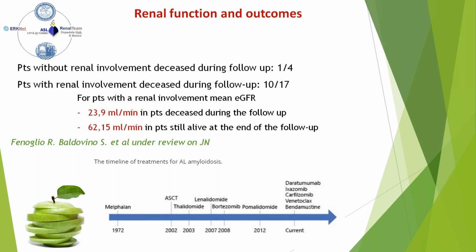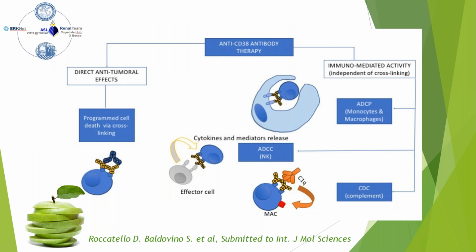These therapies are translated from the treatment of myeloma, and we recently tried to treat 4 of our patients with renal amyloidosis using daratumumab, a monoclonal antibody that targets CD38, a protein that is typical of plasma cells.